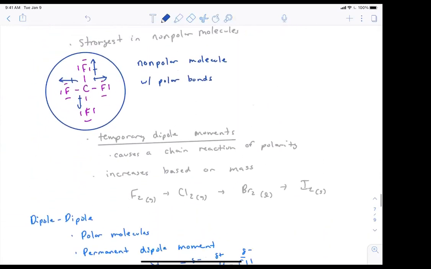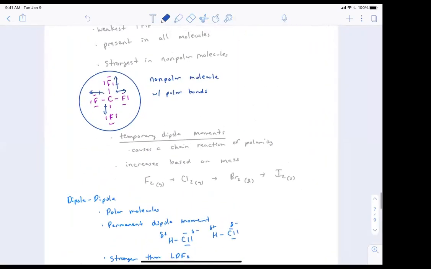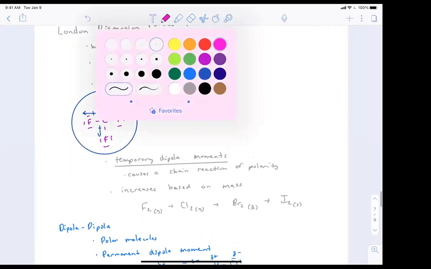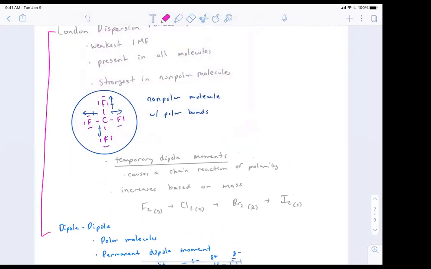Okay. One last thing. Your LDF and your dipole-dipole are what we call van der Waals forces. Let me clean that up a little bit. Van der Waals forces used to be used interchangeably with London dispersion forces, but it's been corrected now, in that van der Waals forces encapsulate both dipole-dipole and London dispersion forces.